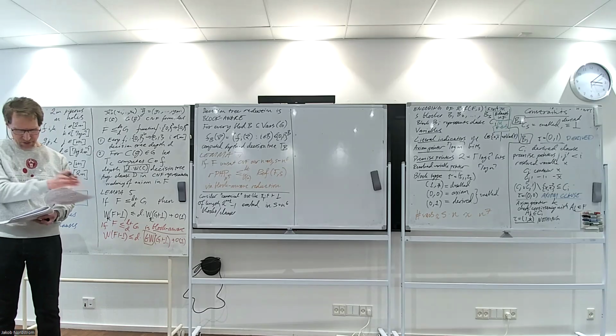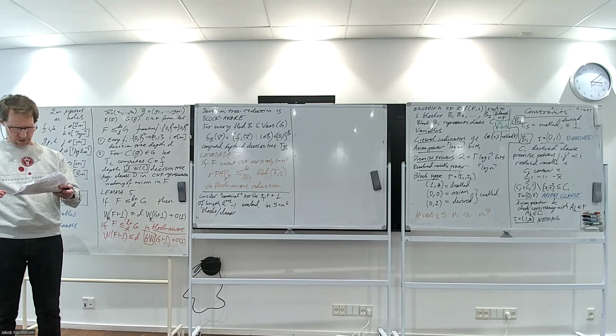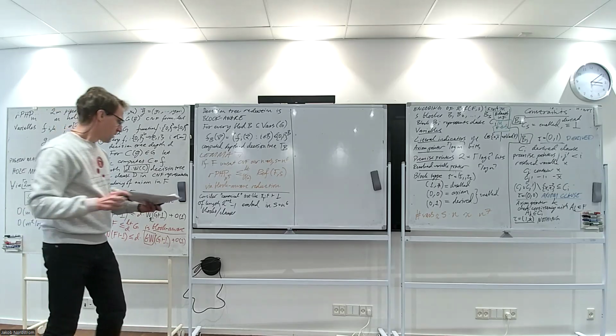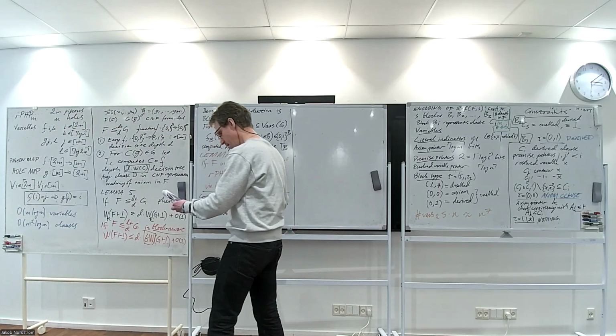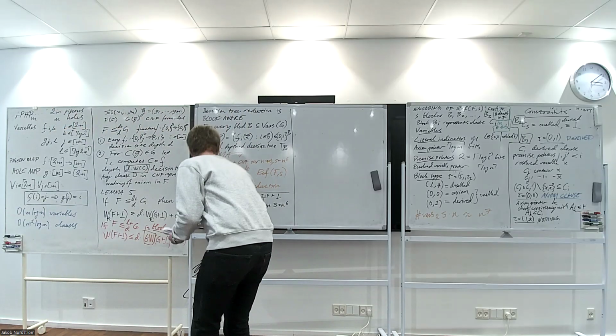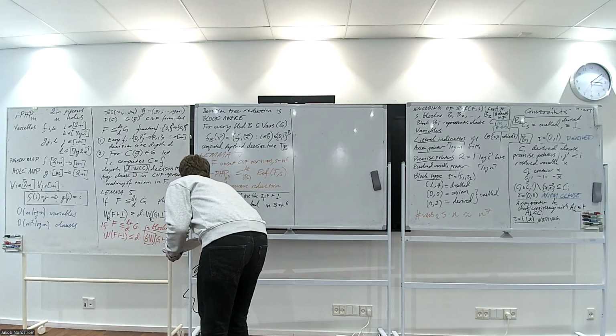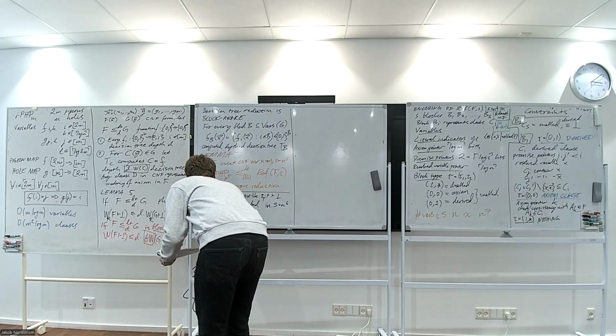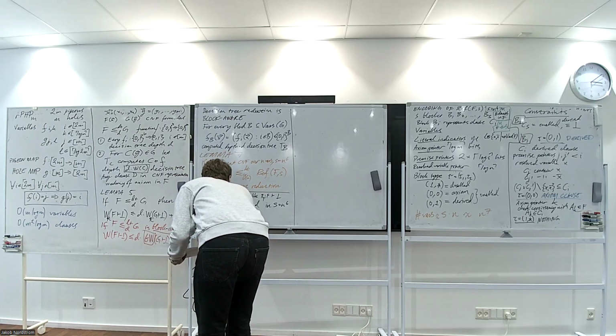How are we going to do this? There are going to be layers. What am I going to call the layers? The layers of blocks L0, L1, L2, up to Ln.